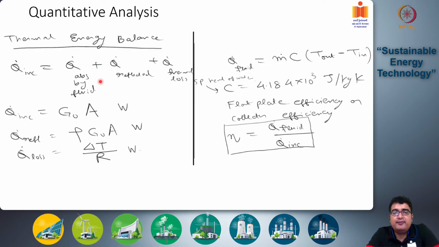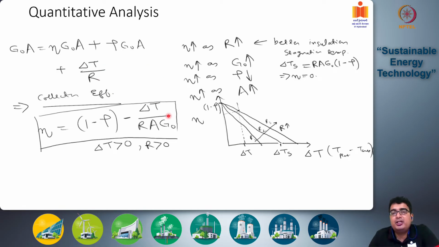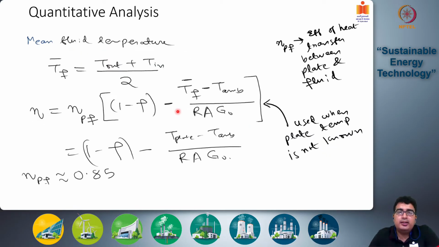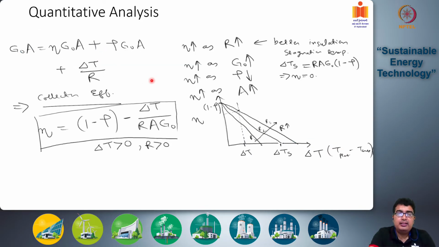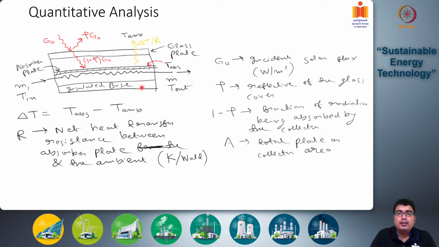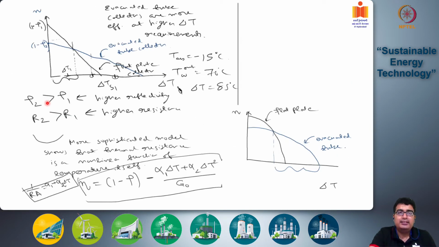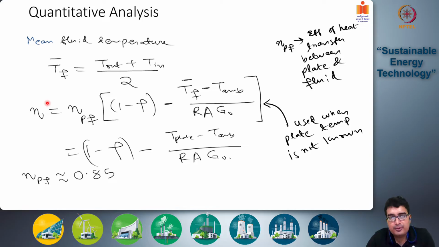So this efficiency value, which depends on the temperature of the absorber plate minus ambient temperature, is difficult to use in practical systems. So what we do here is we take a mean fluid temperature. Mean fluid temperature is the outlet temperature of the heat transfer fluid plus inlet temperature of the heat transfer fluid by 2. Okay. So basically in this expression, T out plus T in by 2 is the mean fluid temperature. Okay. This we can evaluate directly using thermocouples.